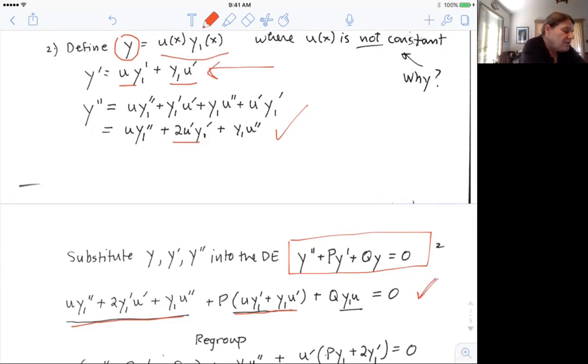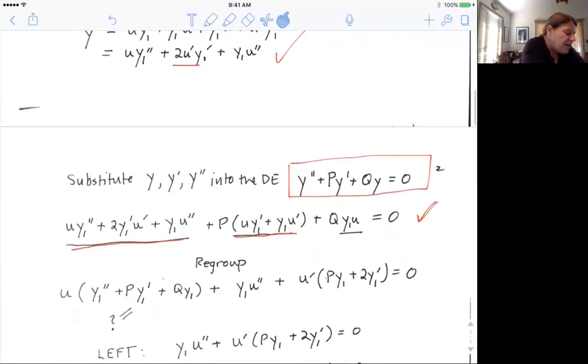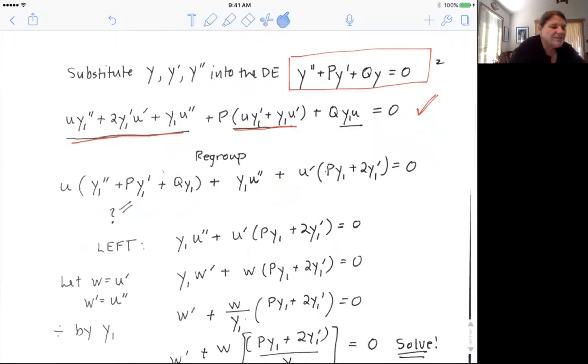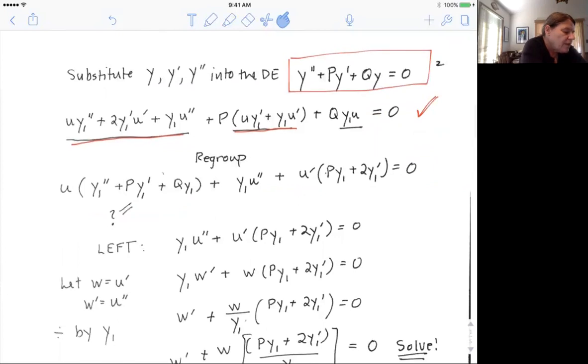Now, something interesting and significant happens here. This is, if nothing else, almost a nightmare of notation because you have to keep track of so many primes and subscripts and so forth. But I'm going to regroup this whole thing right here. The way I'm going to regroup it is like this.